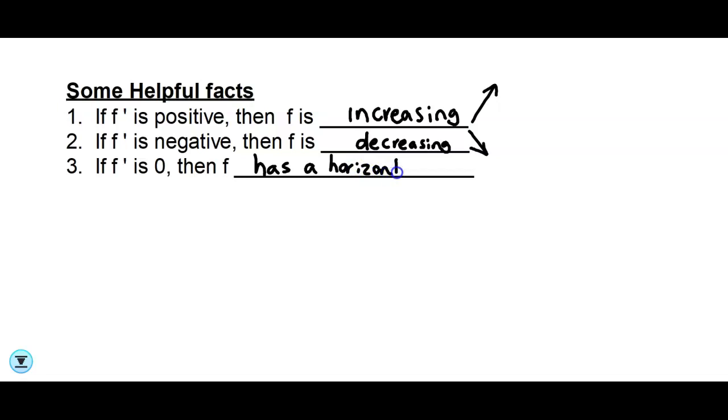Instead of going up or going down, it has a horizontal tangent line that is flat. Those little facts are going to come in handy on our examples today.